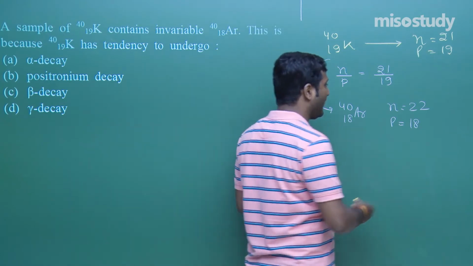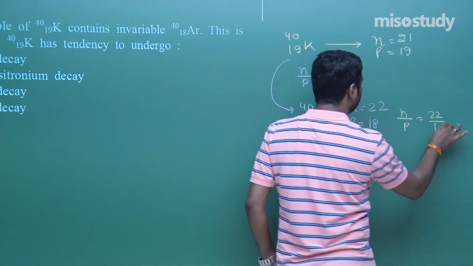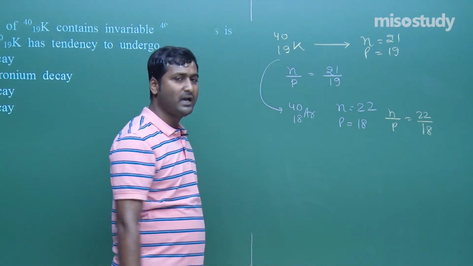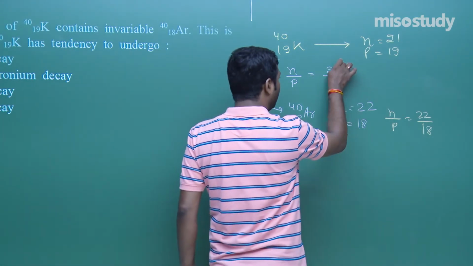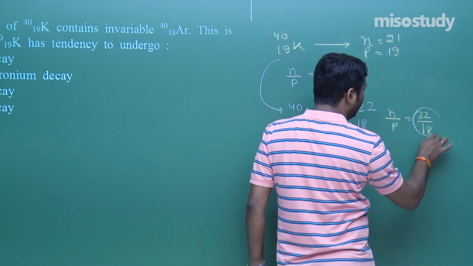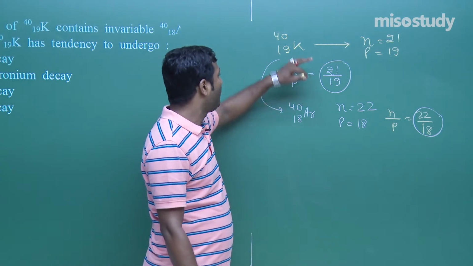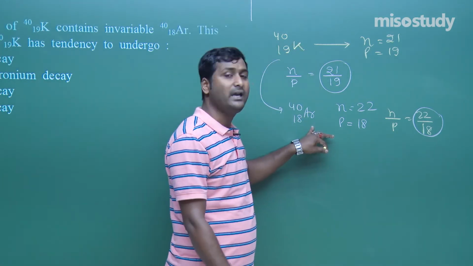In this case, the N by P ratio will be 22 upon 18. If we compare, the N by P ratio increases when K converts to Ar.